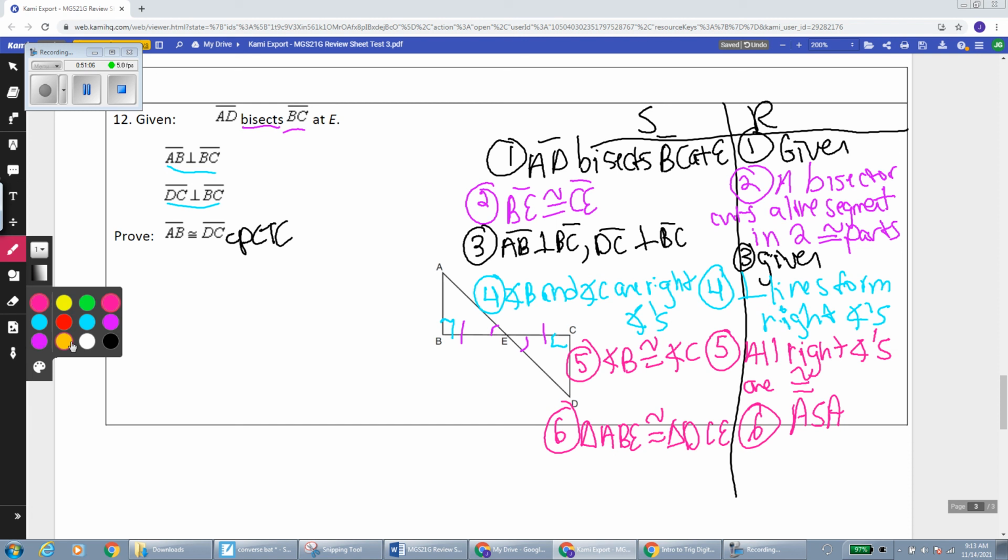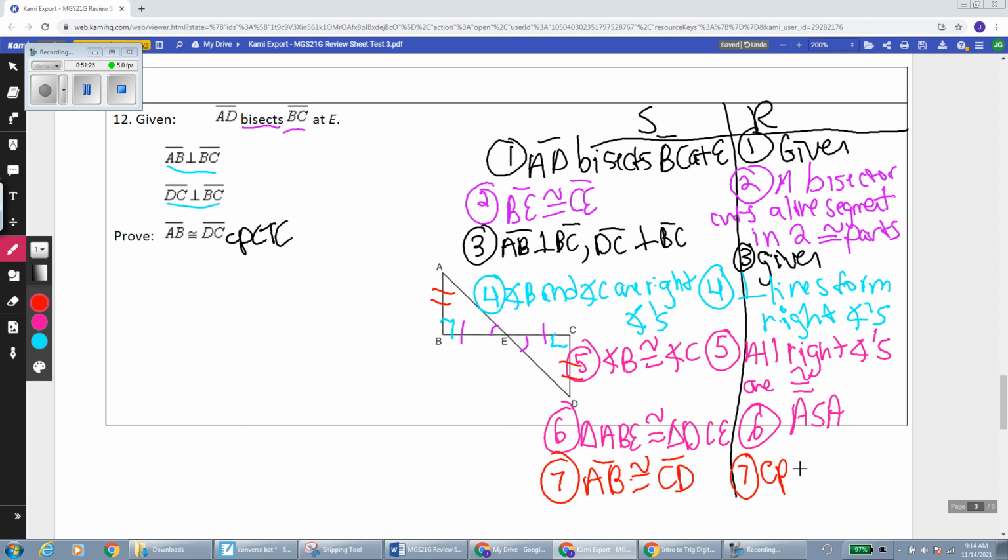And now that I know the triangles are congruent, it's just one more step to make a statement about corresponding sides AB and CD. I can say that AB is congruent to CD due to CPCTC. That stands for corresponding parts of congruent triangles are congruent. So if we already know the two triangles are congruent, we know that their corresponding sides and angles are congruent as well.